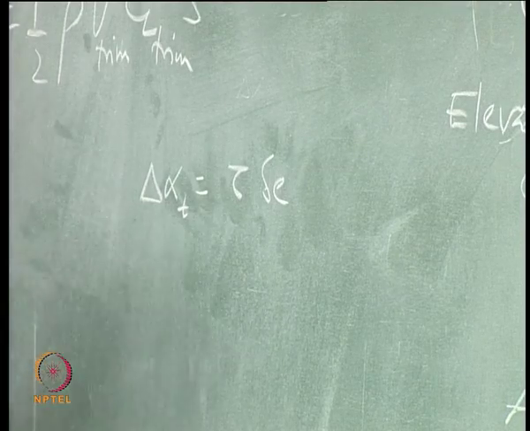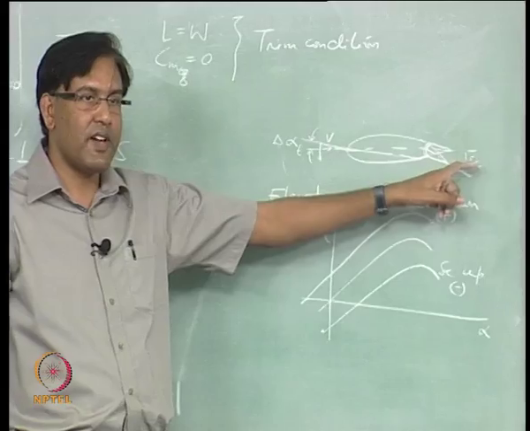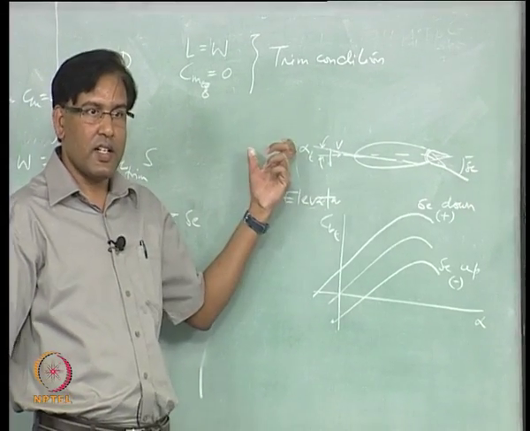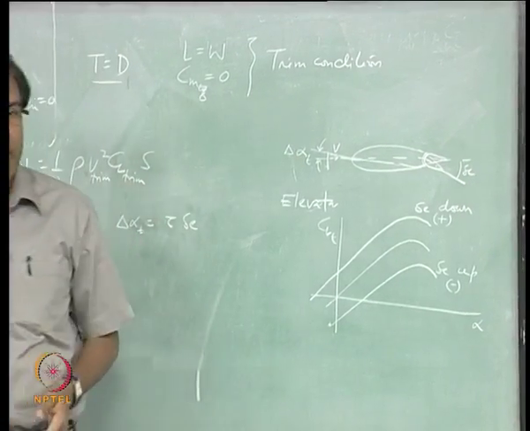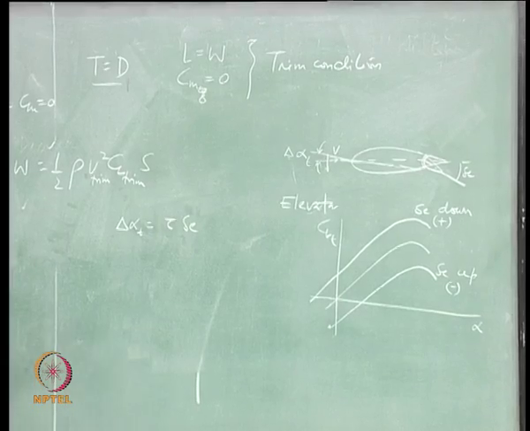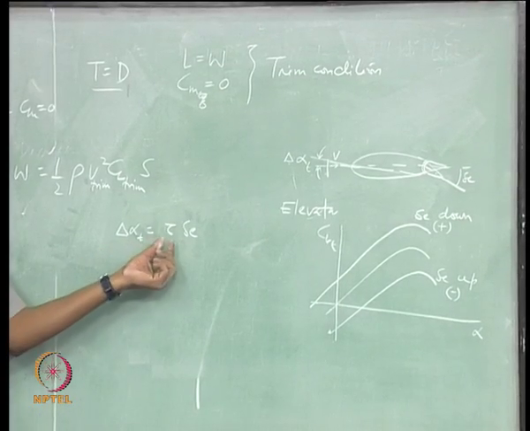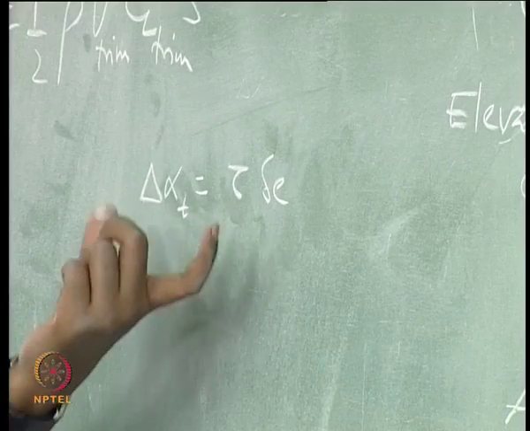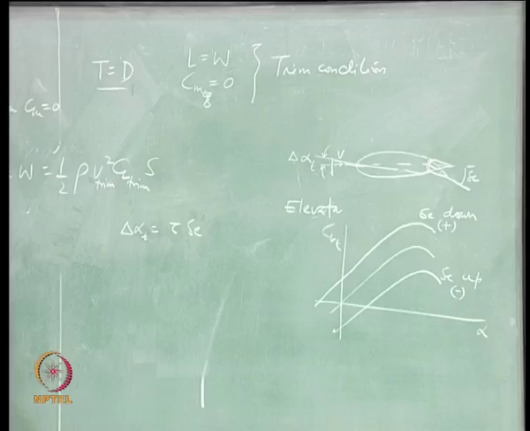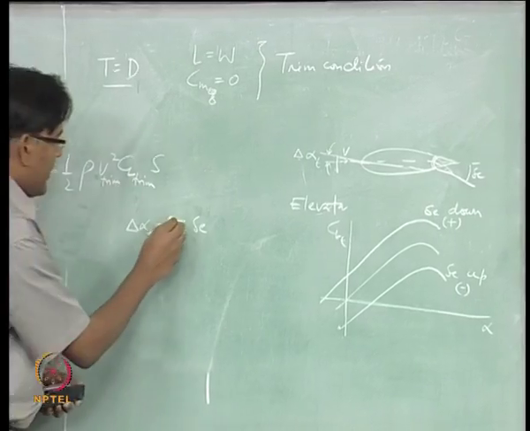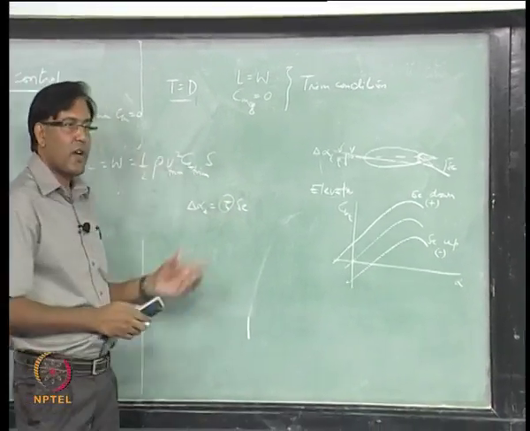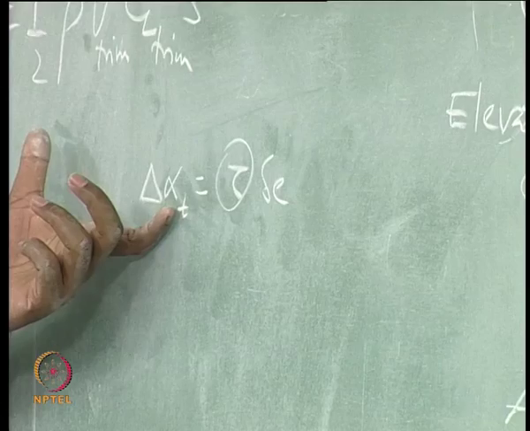Right? It is not going to be directly equal. It is not that you deflect elevator by 5 degrees and you get an increase in angle of attack by 5 degrees. That is not going to happen, right? It is only going to be proportional to this deflection, right? And this will depend upon a lot of things. Okay.